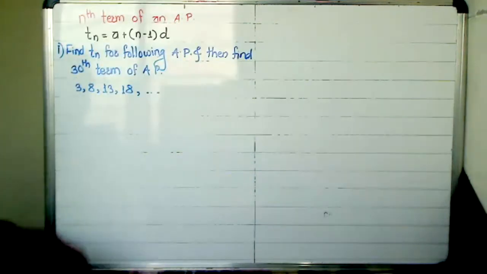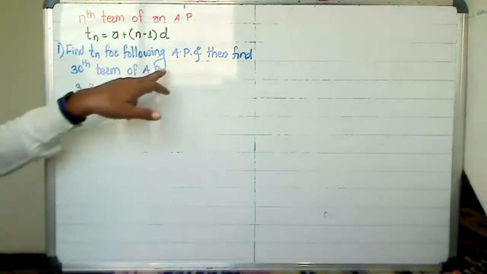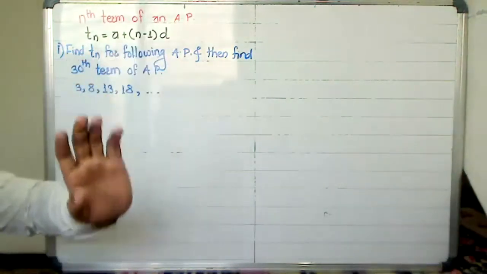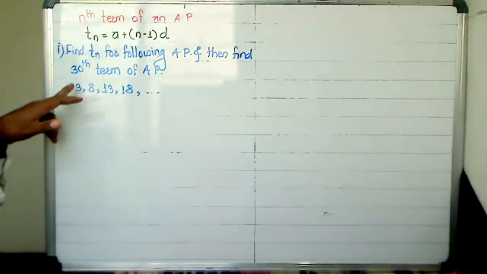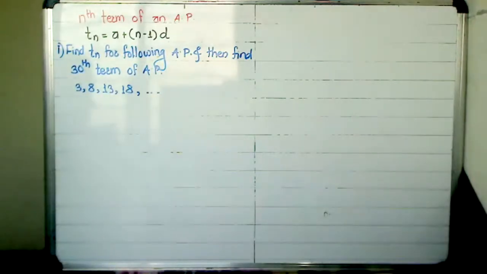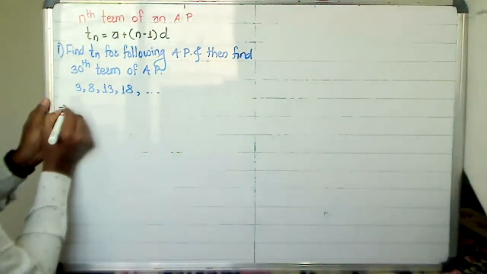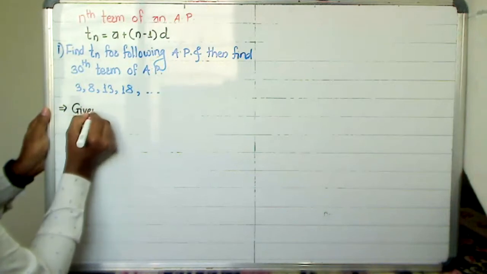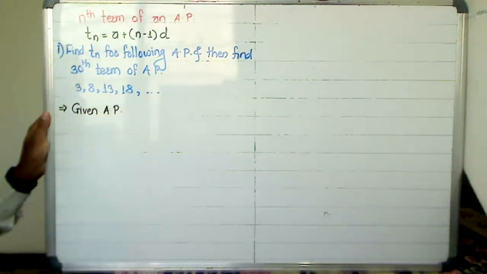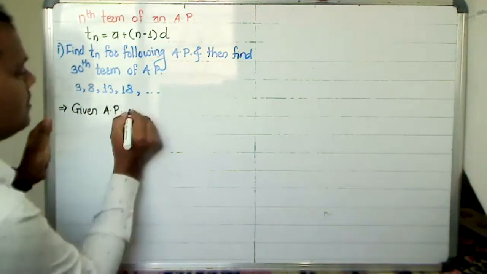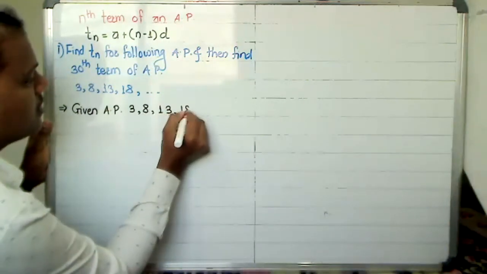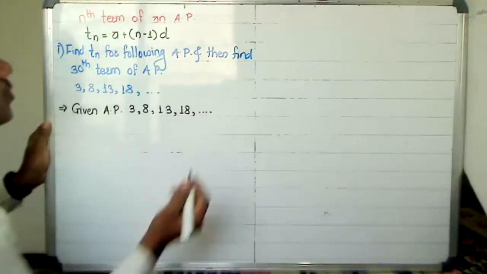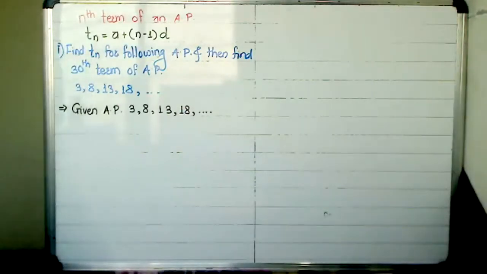Our question is, find Tn for the following arithmetic progression and then find the 30th term of the AP. So the given AP is 3, 8, 13, 18. So solution: given AP 3, 8, 13, 18 and so on.